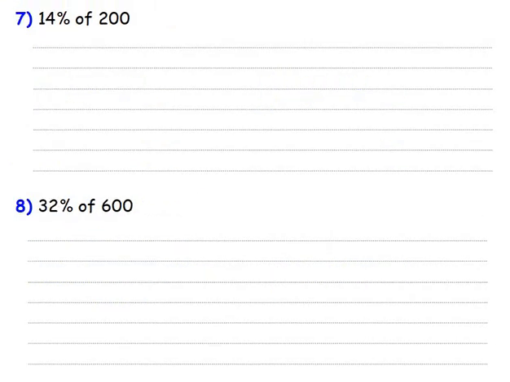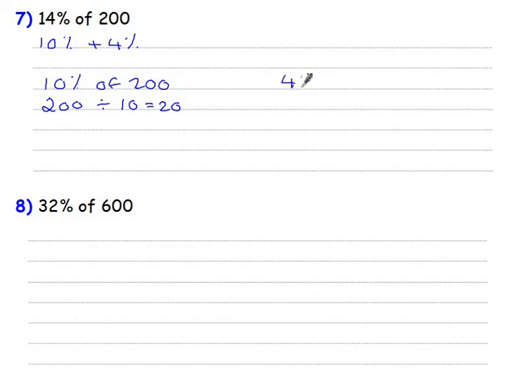So our next question is asking us to find 14% of 200. Now 14% is made up of 10% and 4%. So first of all, we can find 10% of 200. So that would be 200 divided by 10, which is equal to 20. And our next part will be finding 4% of 200. Now to find 4%, that's the same as 4 times 1%.